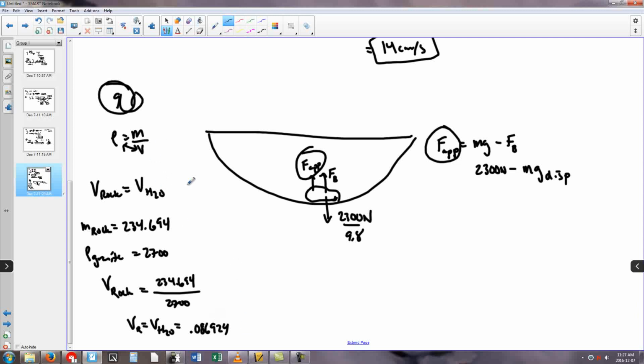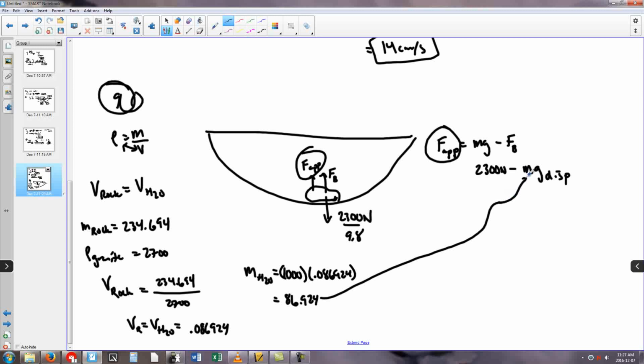Well, if I use this density equation again, the mass of the water would be, if I rearrange this, the density of water, which is 1,000, times the volume of the water, which is 0.086924, and I get that the mass of the water is 86.924. This value can go right up over here as the mass of the water displaced.